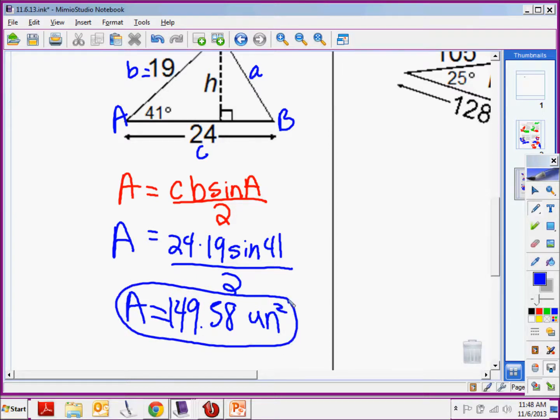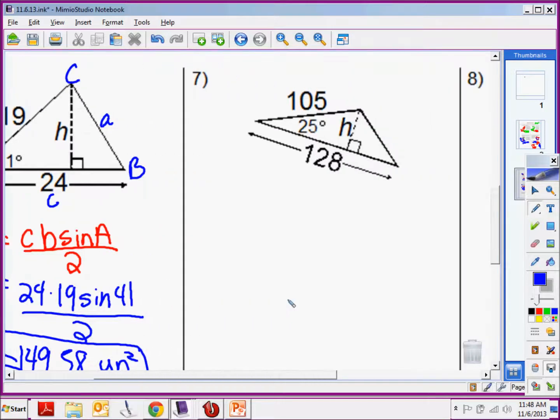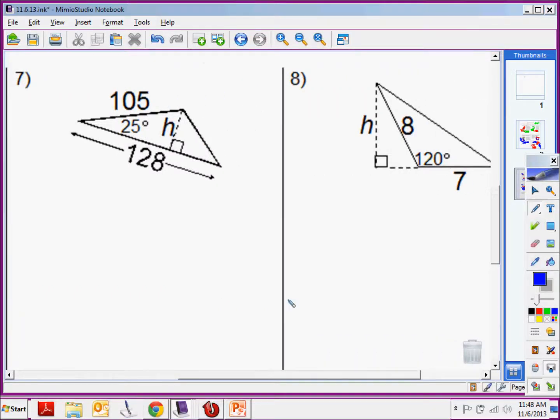Label your triangles. This is basically the same way as the other one, right? A, B, the top is C, the bottom is lowercase c, 105 is lowercase e. That's it. So which angle is given to me?